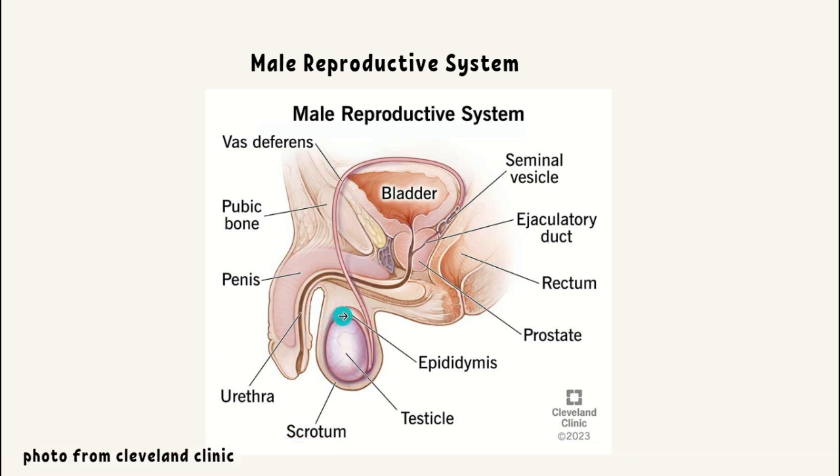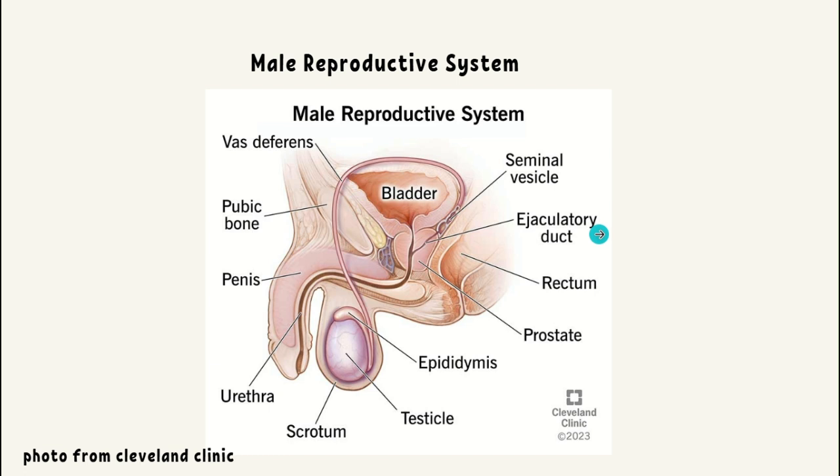So what the vas deferens does is carry sperm from the epididymis to the seminal vesicles. Look at it, it's carrying the sperm from here to the seminal vesicles. And then you probably say, what are the seminal vesicles? They are glands that produce a fluid rich in fructose, which nourishes the sperm and makes up a large part of the semen.